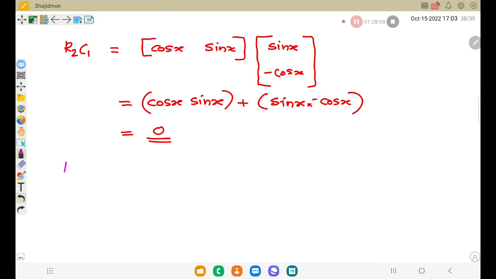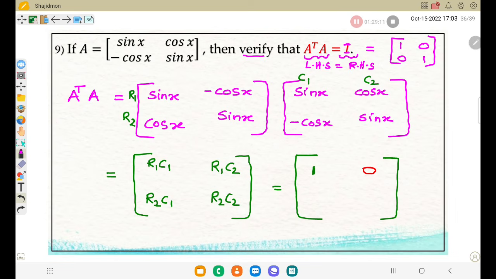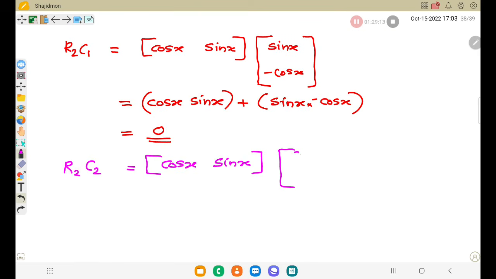Now lastly R2C2. R2 means cos x, sin x, multiplied with C2, column number 2, which is cos x and sin x.